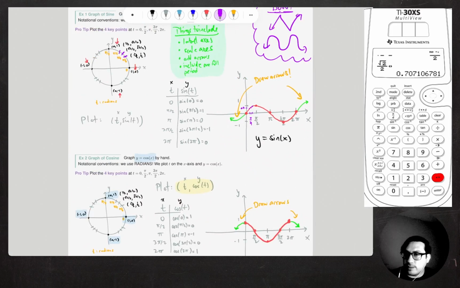like what are they doing? So for us, if we really want precision, we just take out the calculator, and hopefully now you really understand what you're asking the calculator to do. But in drawing these pictures, you really want to know, okay, the graph is going up, and then it comes back down, and it has this beautiful wave property.